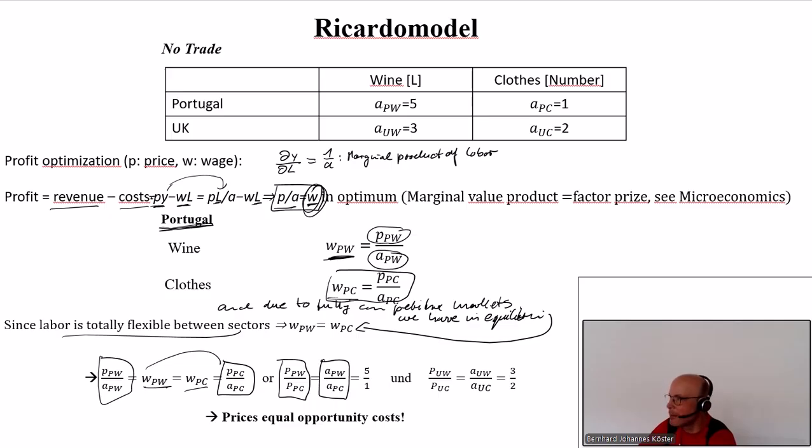In Portugal, we are exchanging 5 clothes for 1 liter of wine. And in the United Kingdom, we are exchanging 1 liter of wine for 1.5 clothes. So this is the central outcome.